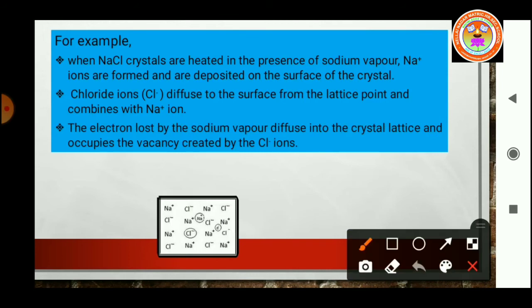What is the third point? The electron lost by sodium vapor, isn't it? Na gives rise to Na plus and an electron. So the electron lost by sodium vapor diffuses to the crystal lattice and occupies the vacancy created by the Cl minus ion. Now clear?